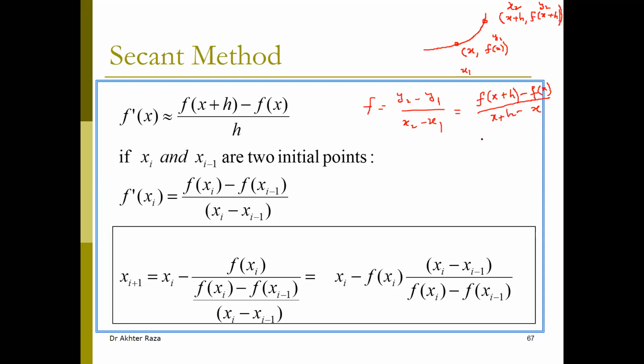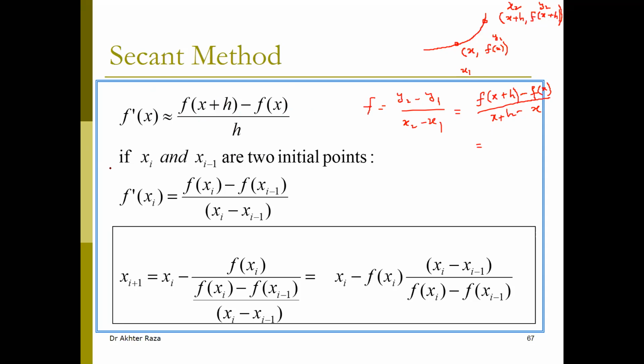Now x will be cancelled out. You will have this formula: f of x plus h minus f(x) divided by h. So this is the formula of slope.